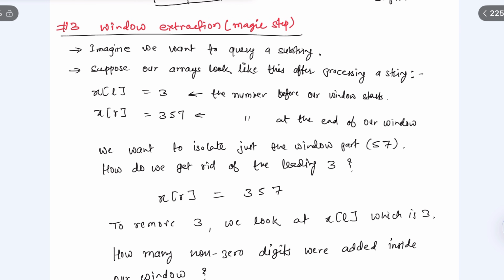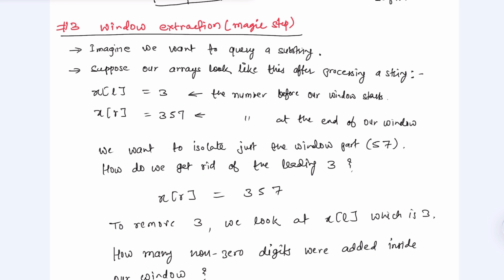Now the main topic we have here is window extraction. Okay, so let's imagine we want to query a substring. Suppose our array looks like this after processing a string: we have x at l equal to 3 and x at r equal to 357.